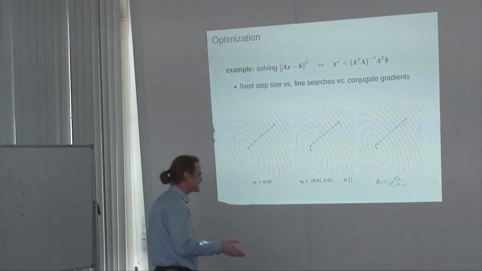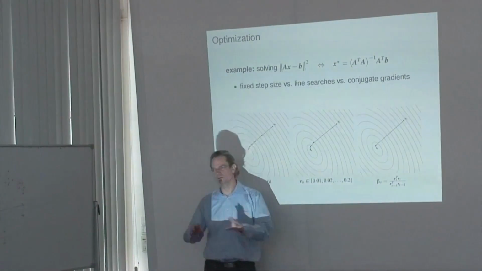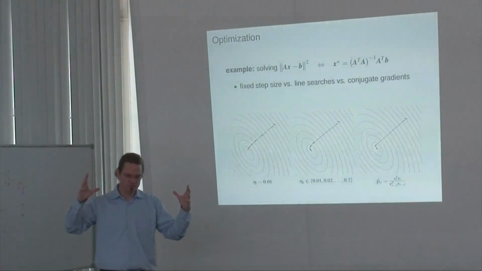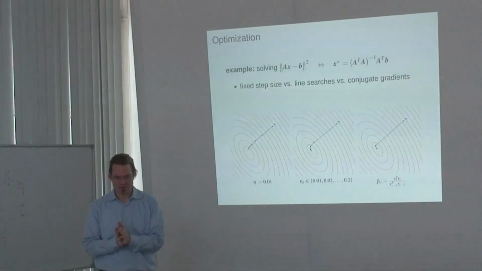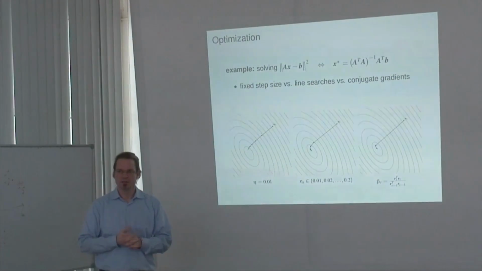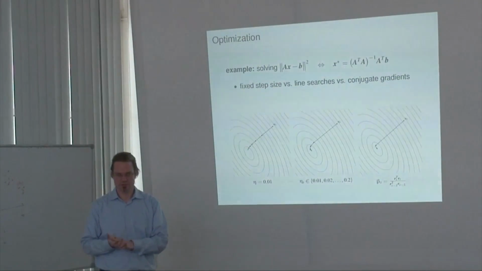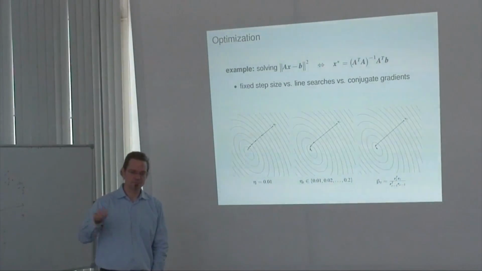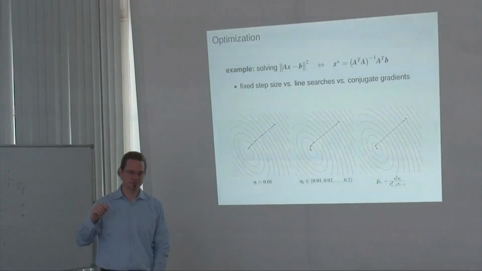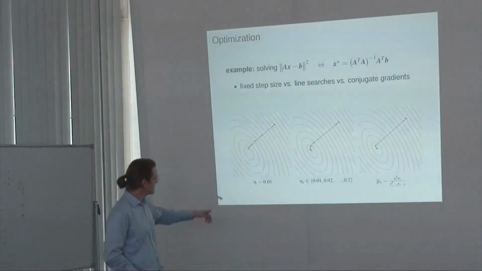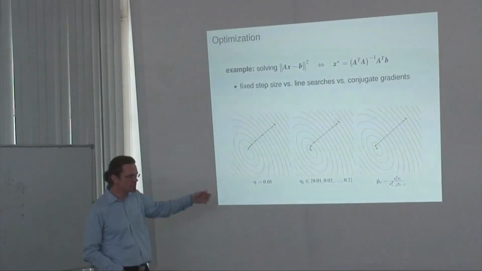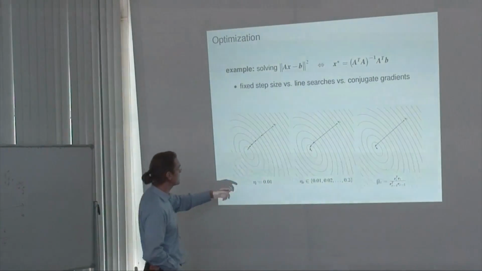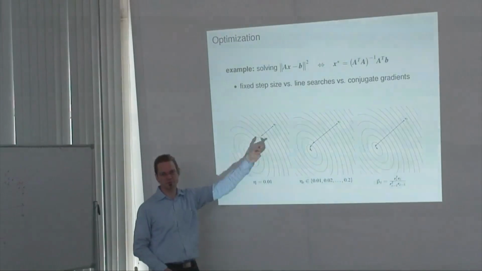Again, I had to use something slightly different. I will not discuss what I did here, but rest assured that if you were dealing with the problem of minimizing a convex function and you were to use the method of conjugate gradients, it would take at max as many steps as there are dimensions in the space. Here we do the minimization of a convex function using fixed step sizes, and I've made it small because otherwise it would have overshot and overshot.